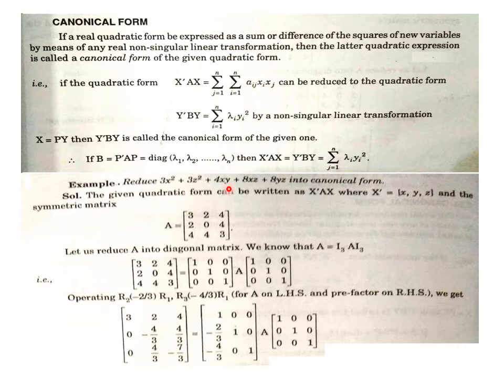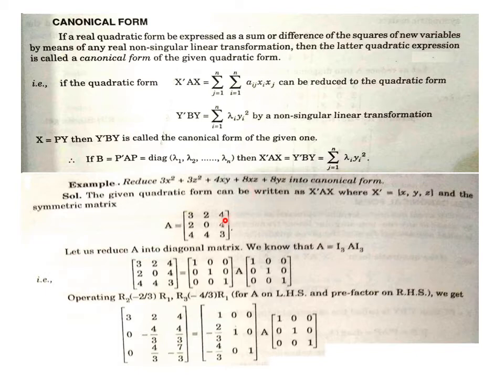The coefficient of x into y is 4. We have to divide it into two parts because 4 is the coefficient of not only x into y but also of y into x. So 2xy plus 2yx can be the equal component of 4xy. So 2 is written for the 1 2 position and 2 is written for the 2 1 position. Fine. Then after xy we have xz, the coefficient is 8, that is 1 3, and 8xz can be written as 4xz plus 4zx.